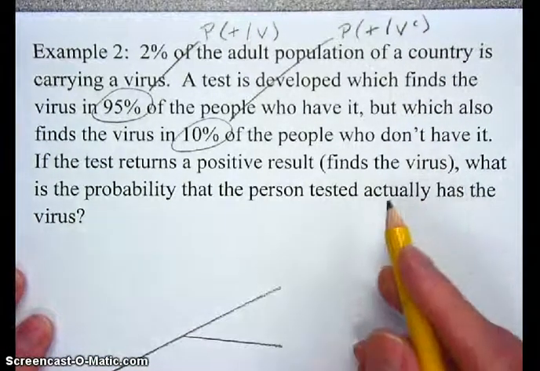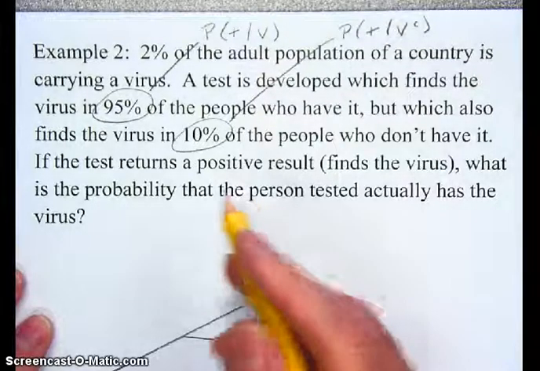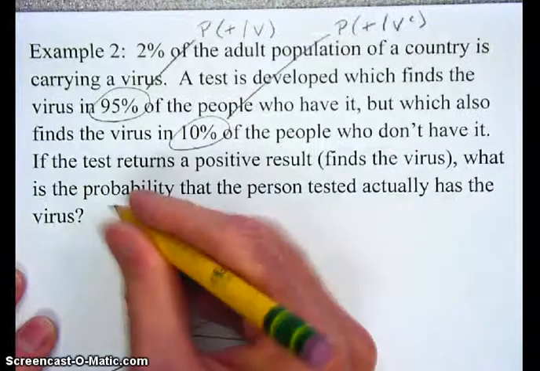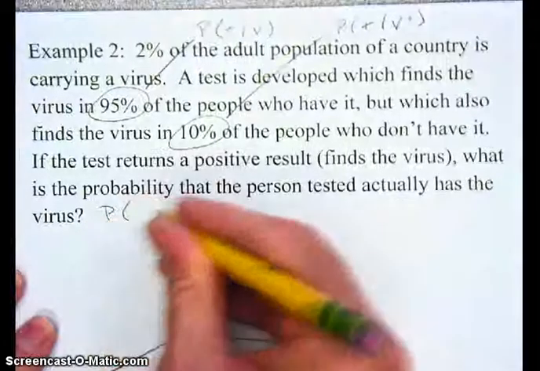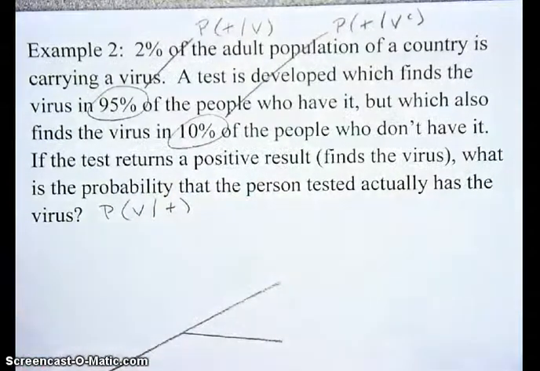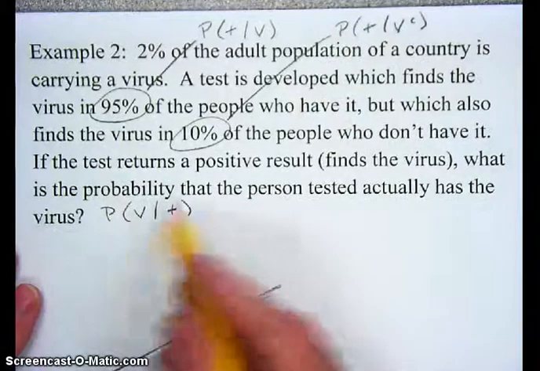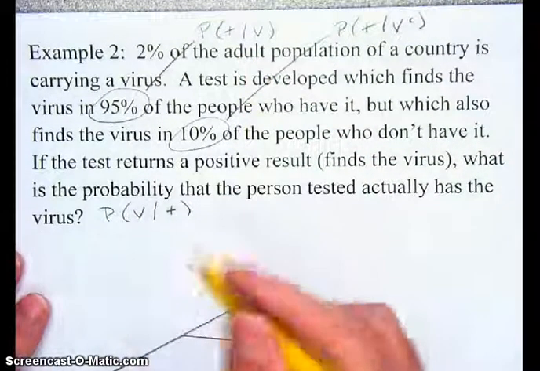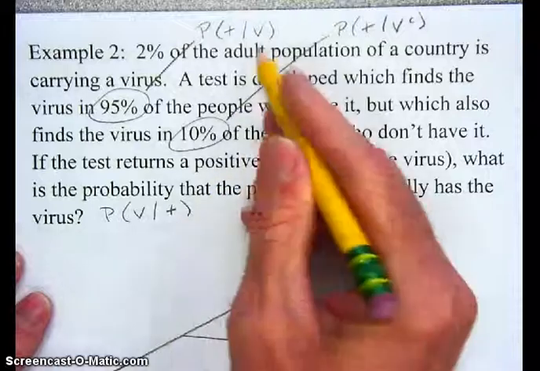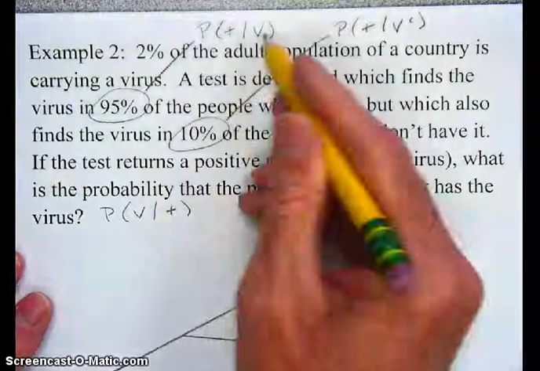What is the probability that a person who gets a positive test result actually has the virus? So what we're looking at here is the probability of having the virus given that the test result was positive. You notice this is backwards from that. This conditional probability has the condition reversed from that one up there.